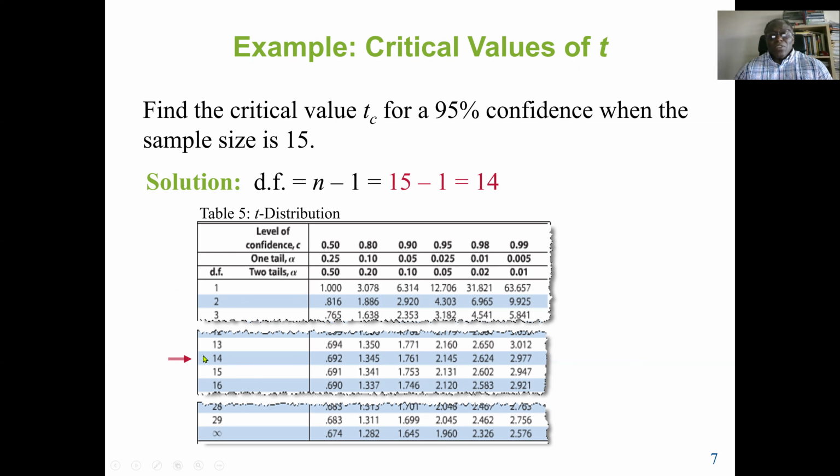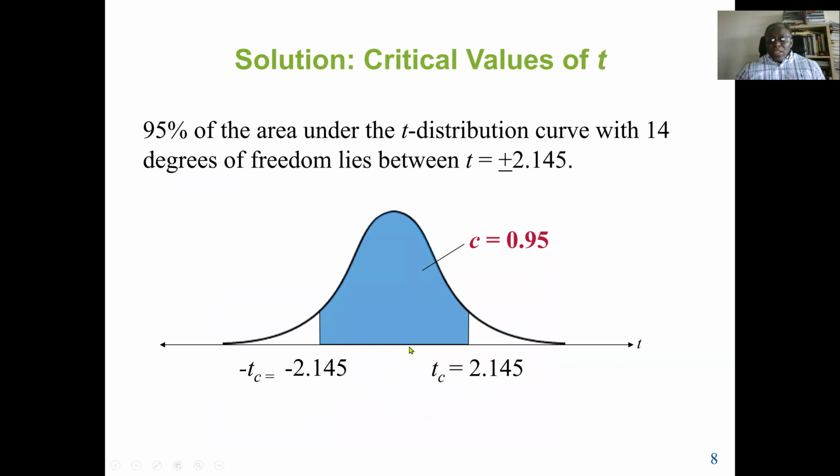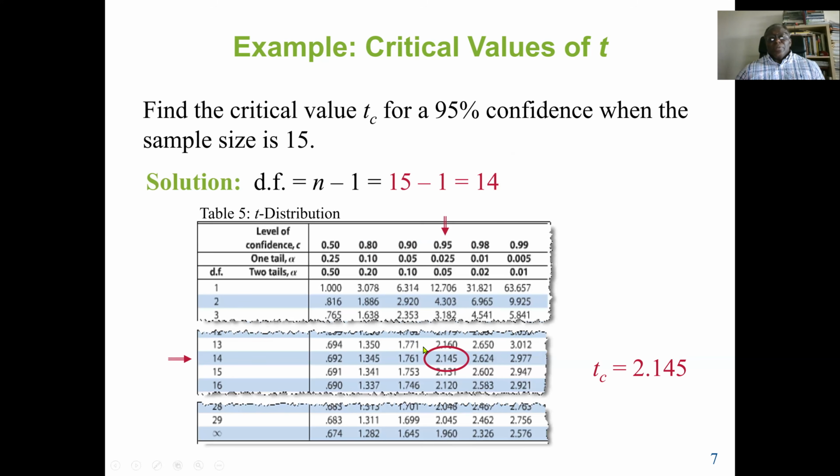But we have to be careful with the degrees of freedom, 14, so we're on the 14th row. Then it's 95% confidence. So the level of confidence is 95 and 14. So that will give me 2.145. So that's again the way we use the t table.